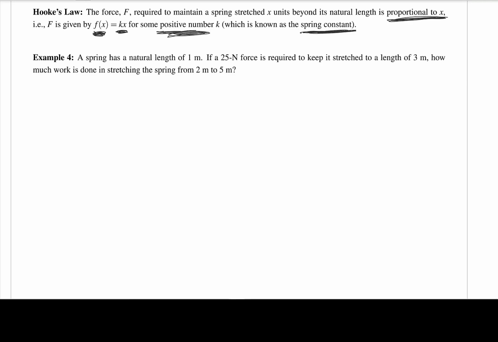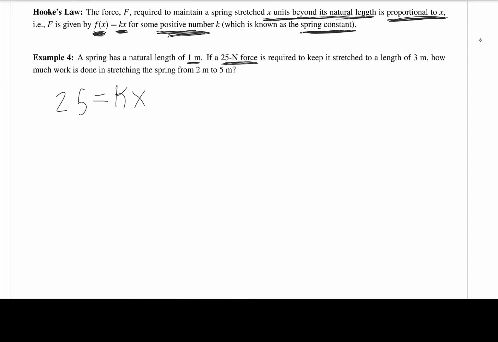A spring has a natural length of 1 meter. If a 25 Newton force is required to keep it stretched to a length of 3 meters, I'm going to stop right here. This is my force. I know that it has to be proportional to x, so I know that 25 is equal to k times x. Well, I also know what x is. x is given by how far it is stretched beyond its natural length.